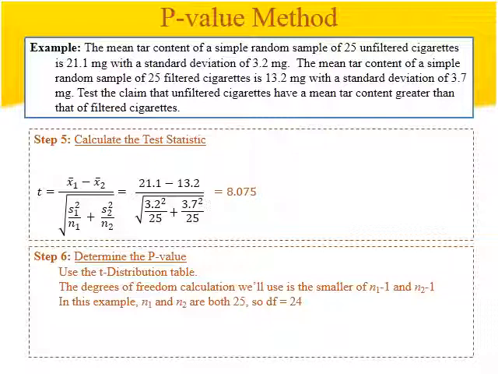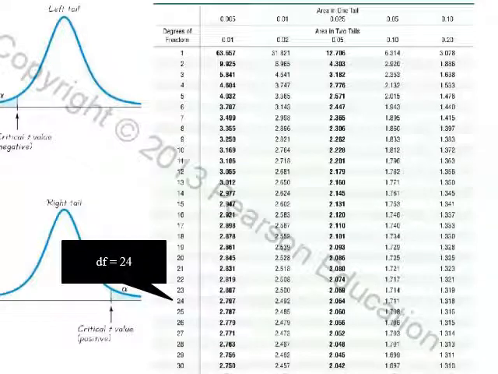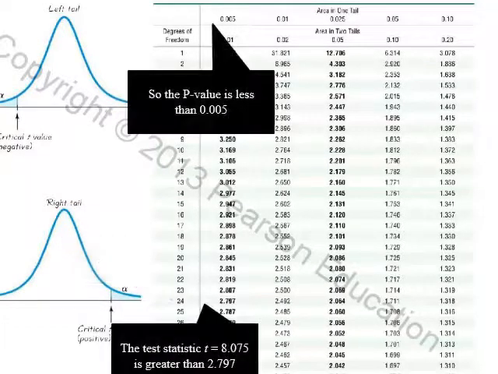So now let's look at the t-distribution in the degrees of freedom row 24, and we'll get the p-value, or an estimate of the p-value anyway. So I'm looking at my degrees of freedom row 24, and I look for my test statistic 8.05, but of course that is not in this row.